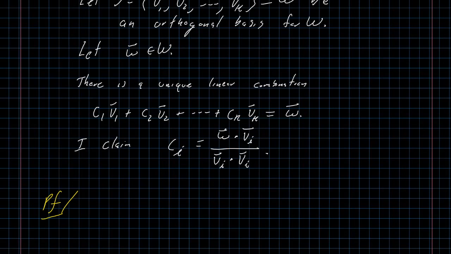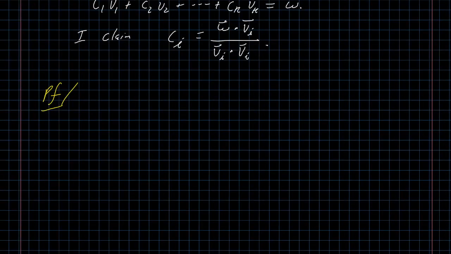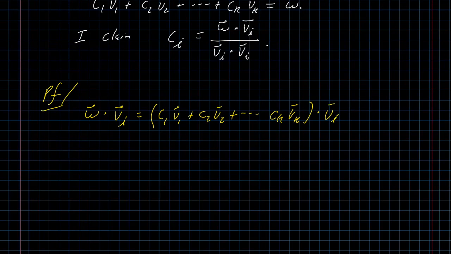I'm going to race through the proof of this. It follows the proof that an orthogonal vector set is linearly independent in the first place. It's going to be very much the same idea. If we take w dot Vi, w is the same thing as C1V1 plus C2V2 plus all the way down to CkVk, and we're still dotting that with Vi.